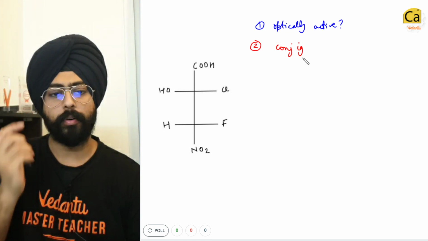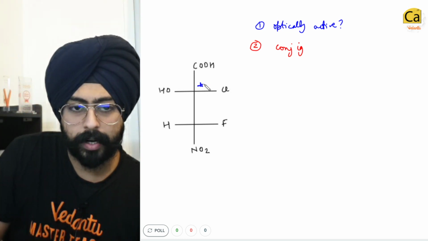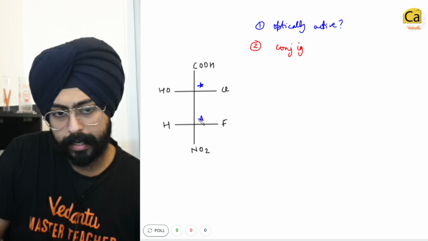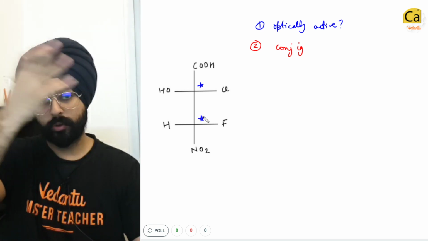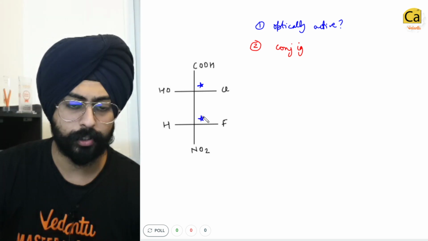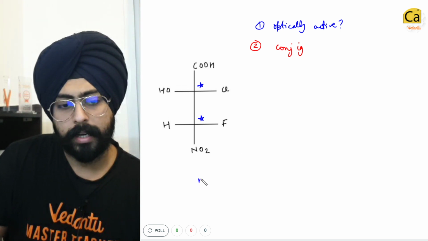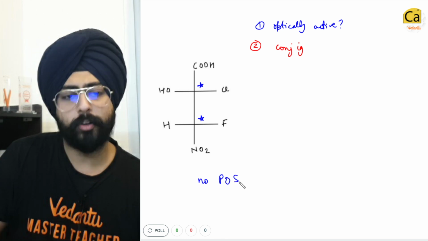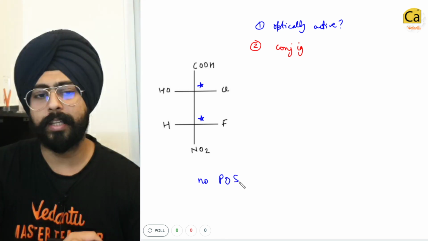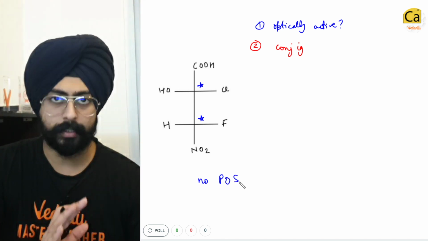Look at this compound. This is a chiral center, we understand. This is also a chiral center, we understand, because on both of these carbons, all the 4 groups that are attached are different. Okay, great. Now, is there a plane of symmetry? I will write over here, there is no plane of symmetry. No matter how hard you try in this molecule, there is no plane of symmetry whatsoever.